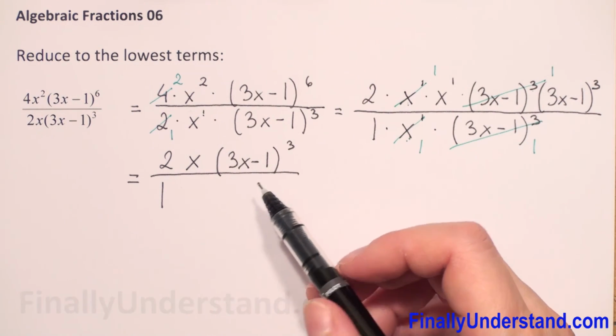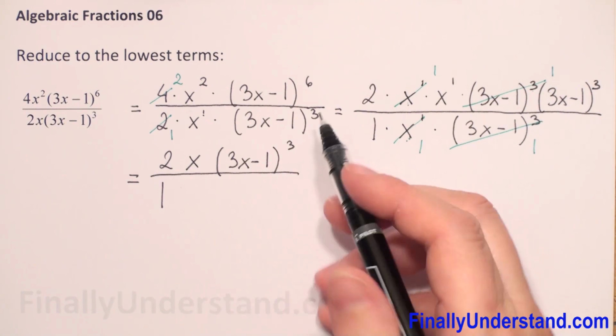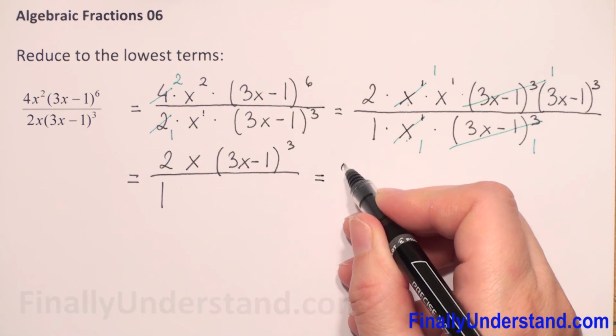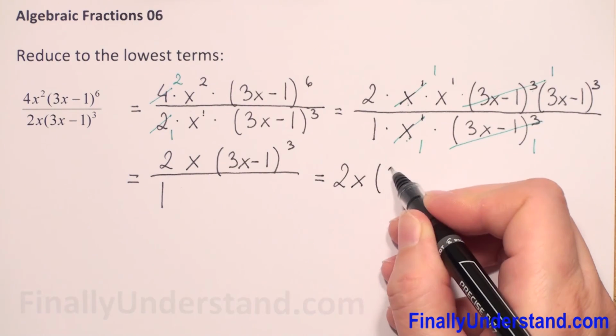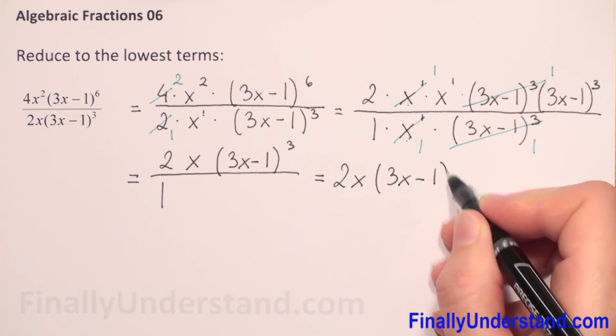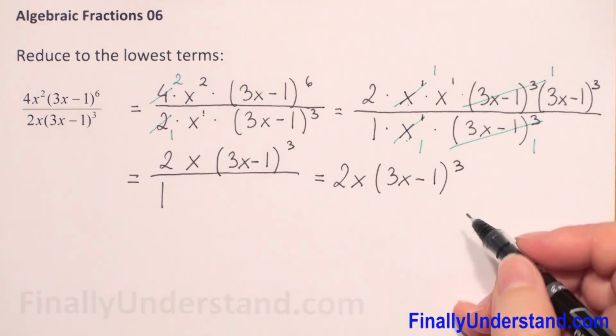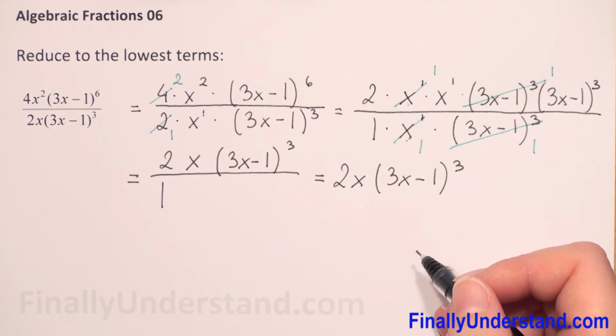So when I divide by 1, this whole expression is still the same expression, so we have 2x times (3x minus 1) to the 3rd power. So this is my solution.